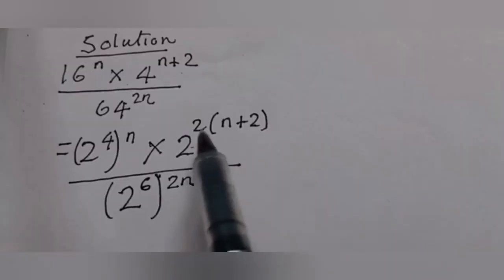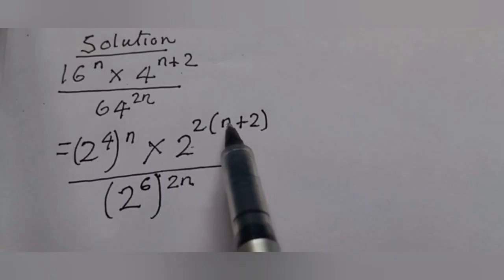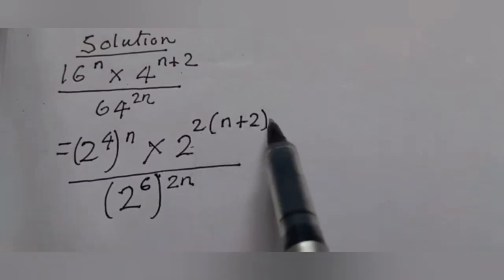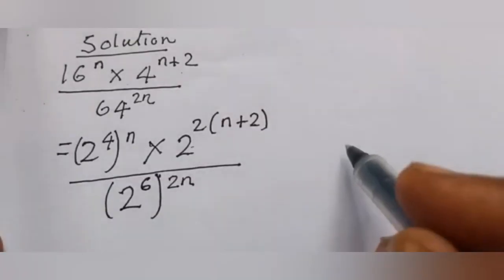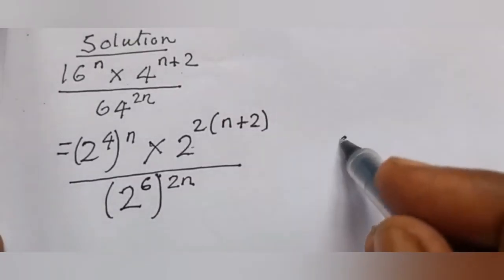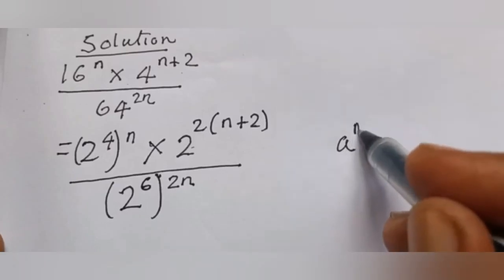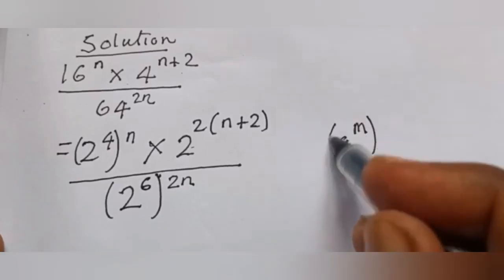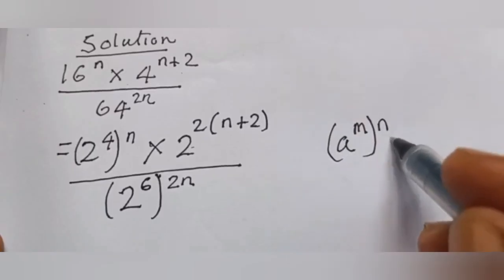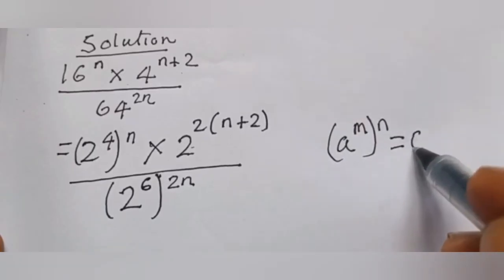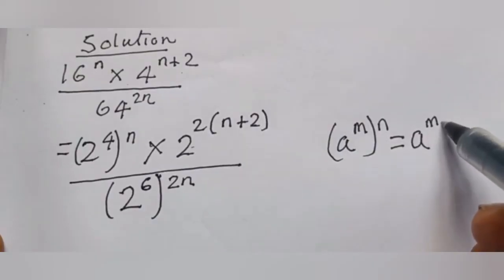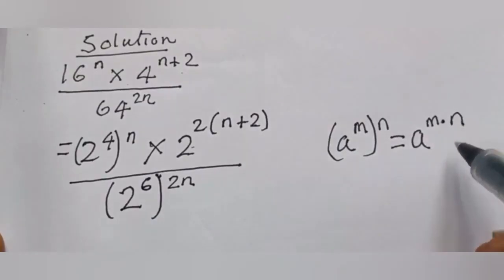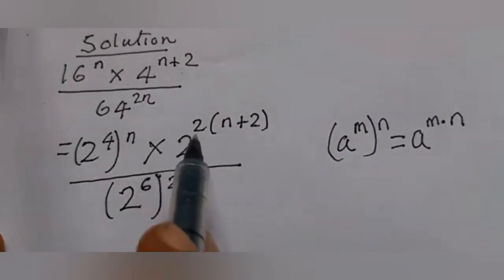Now we can open the brackets here by multiplying 2 times n, 2 times 2, by using the law of exponent, which says that a power m in the bracket raised to n equals a raised to m times n. So let's open the bracket here.